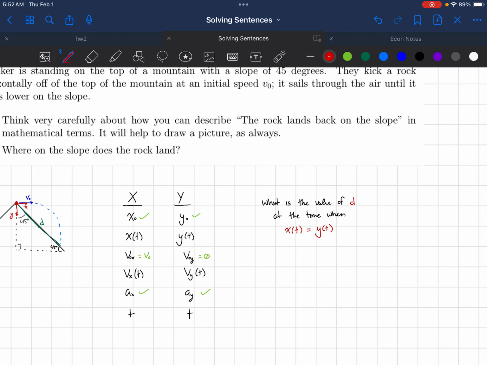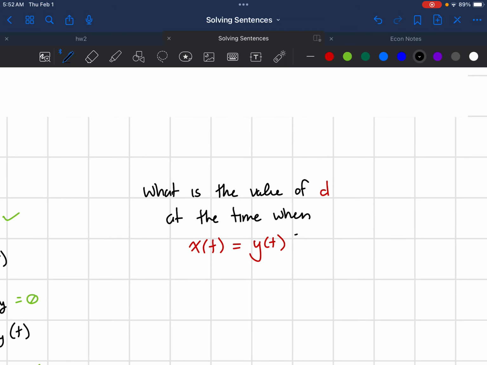The way I would go about solving this, I set up my x of t and y of t kinematic equations, and I find the time when x of t equals y of t.